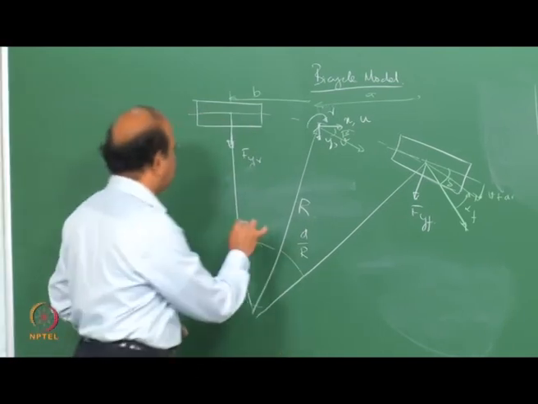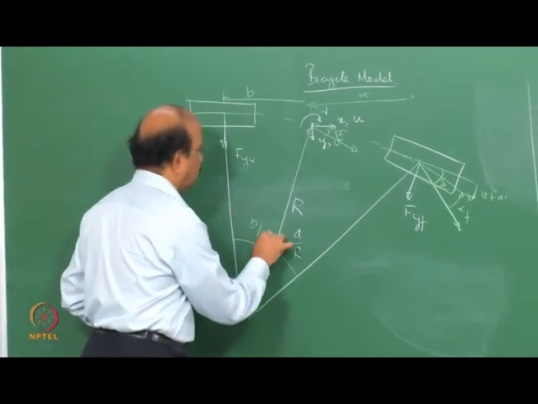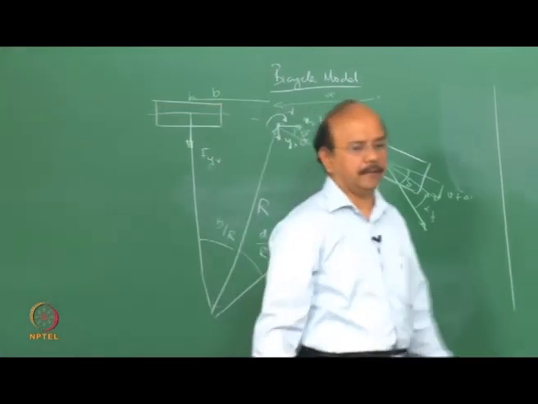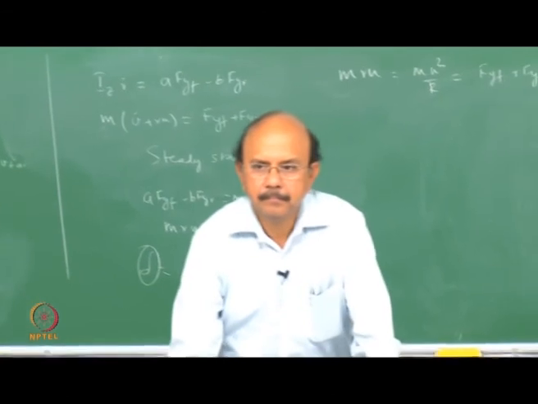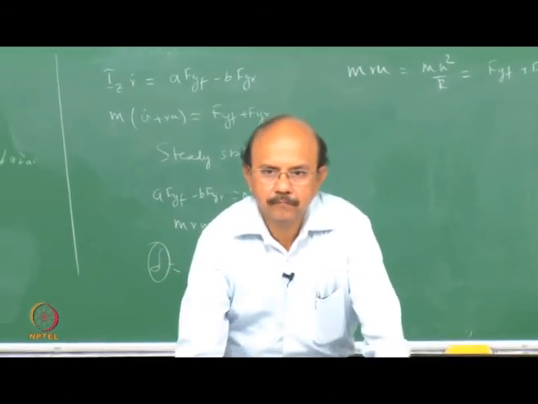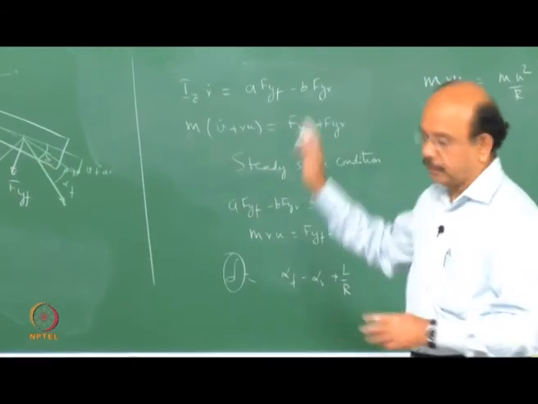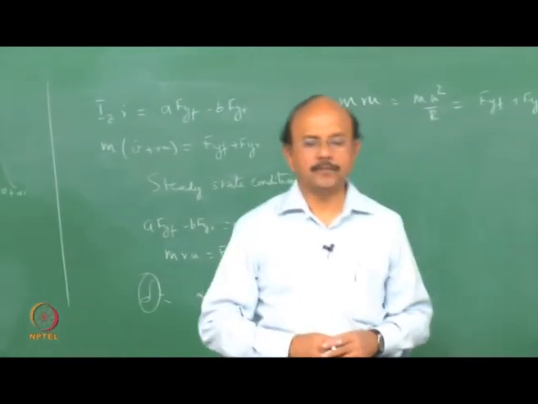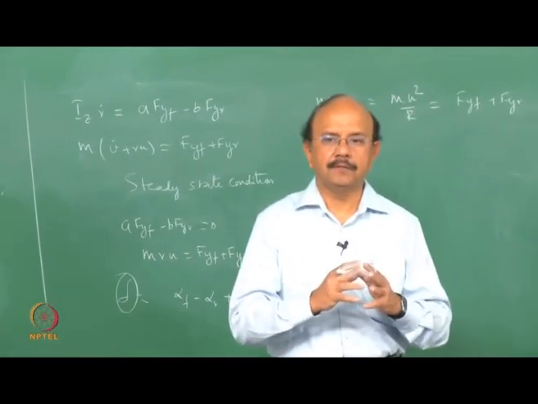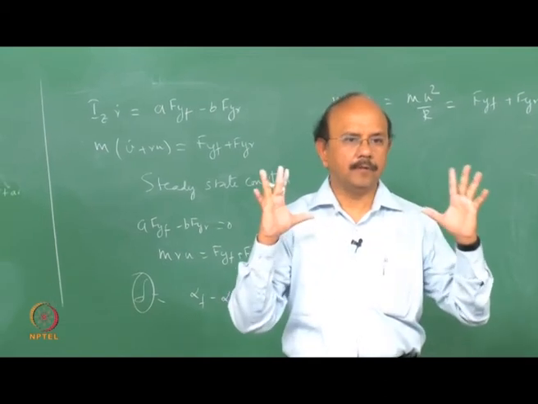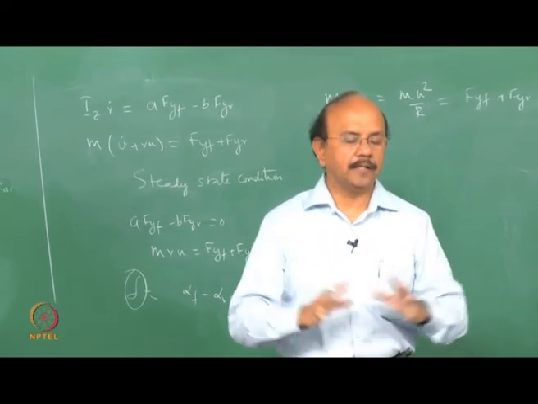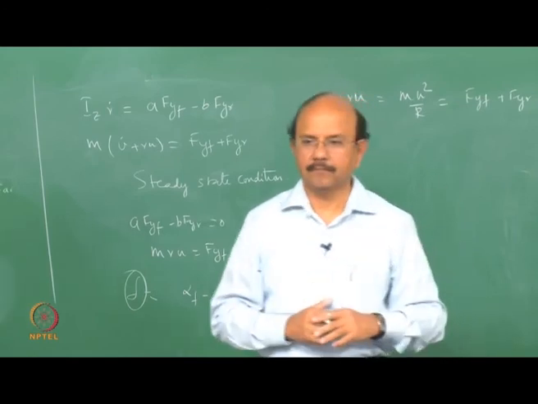Okay, and that angle is B by R. Clear? Okay, and L is actually the total length of the vehicle. So that is the geometry which the vehicle takes when it takes a turn.